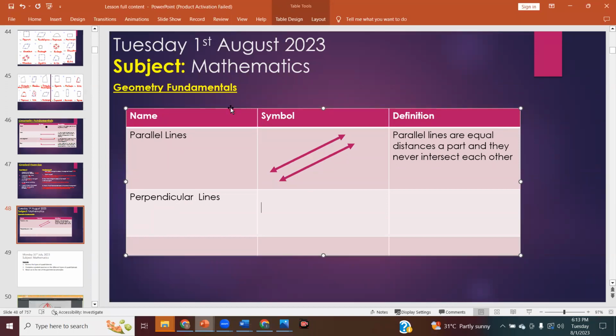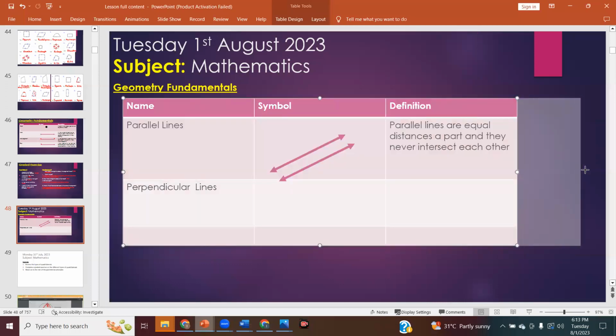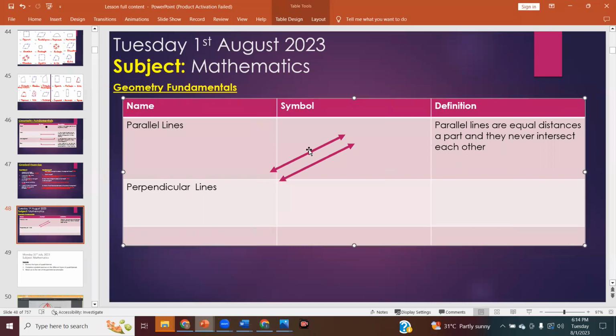Does anyone know what perpendicular lines are before I give the definition away? Go ahead, Javin. They never meet. They actually do meet. Perpendicular lines actually do meet. They meet, but they're straight. Okay, all lines are straight, Javin. Anyone else want to try? Perpendicular lines, what do we know?